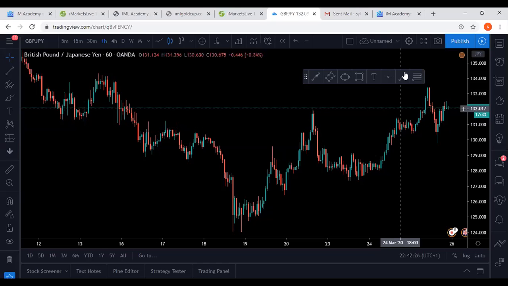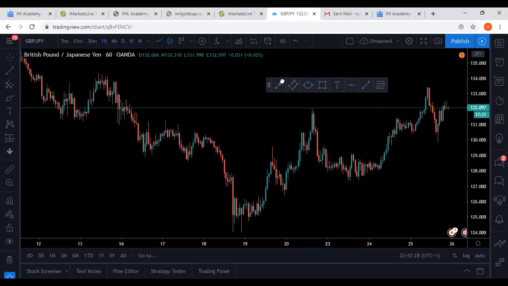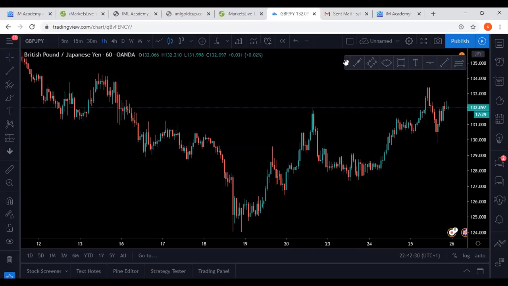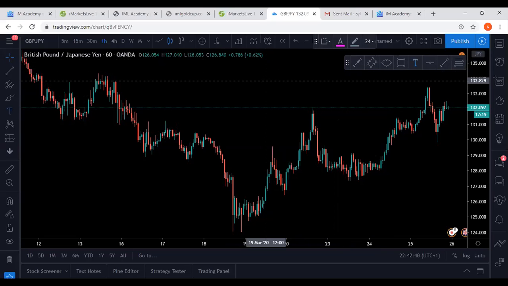Okay, all right. So now that I have my tool here, I'm going to go over support and resistance with you guys. I'm going to go over trend lines. Let me write it down. I don't want to share screen again.